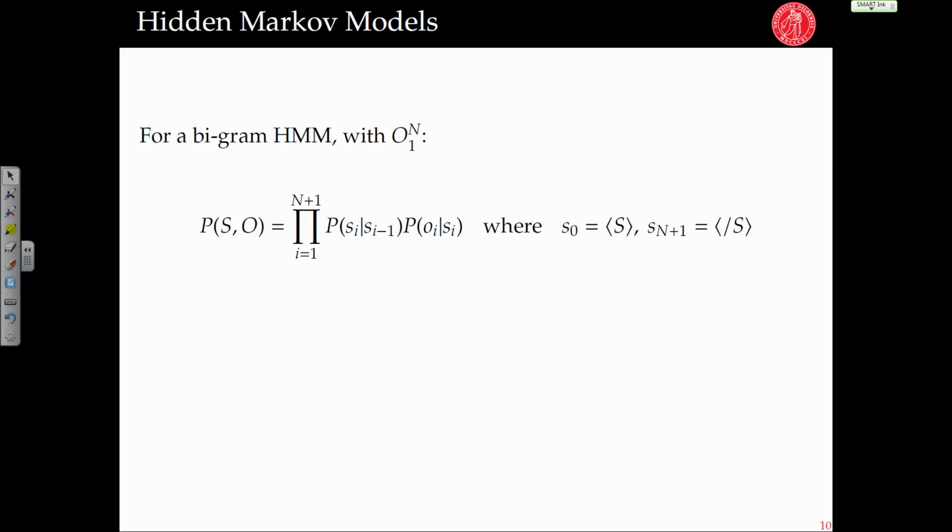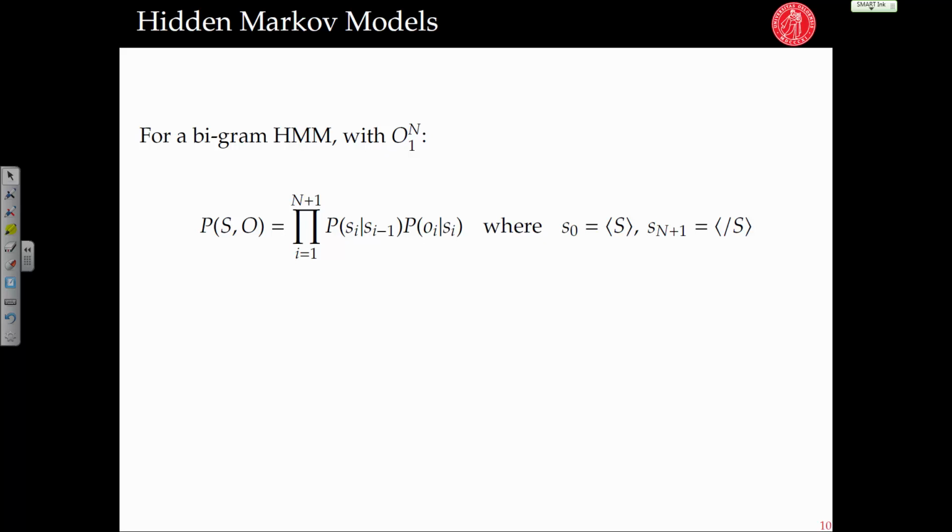In a hidden Markov model, as I said, you have an observation sequence, which is from 1 to n. If you think of part of speech tagging, this is our sentence. What we want to compute is the joint probability of a hidden state sequence and an observation sequence. This can be computed using the chain rule that we introduced last week by multiplying the probability of Si given Si minus 1, where Si is an element of the hidden state sequence.